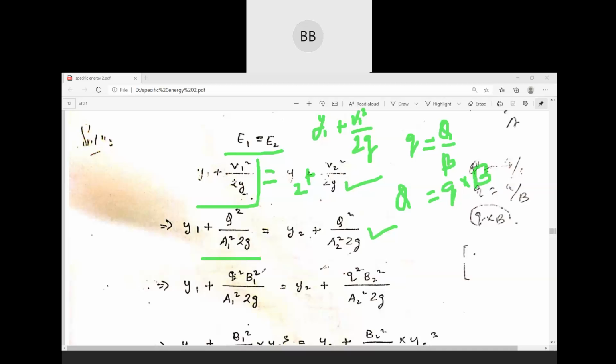Okay, so q square b square, and similarly here also q square b square, and other terms will remain the same. We have to first consider E1 is equal to E2.